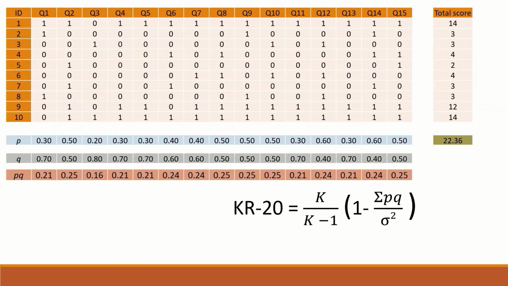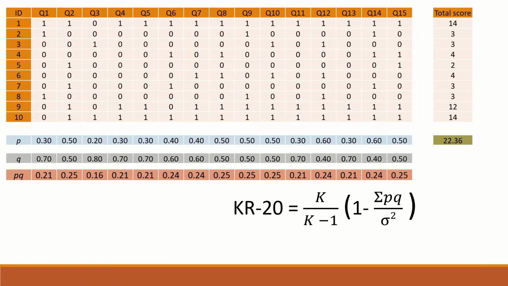Once the p-value and the q value for each individual item are calculated, the p multiplied by q value is calculated as well.